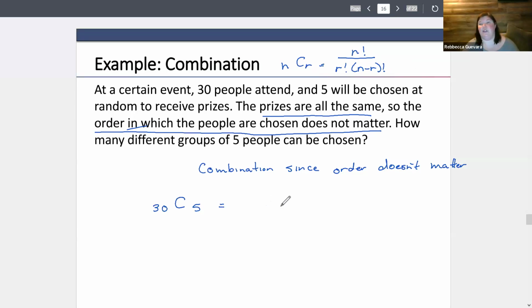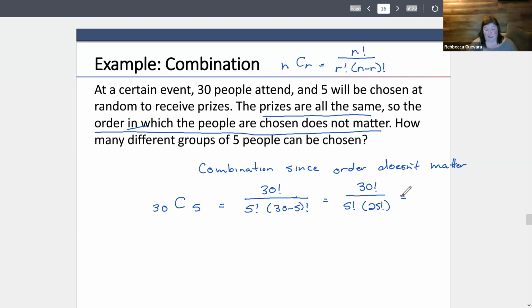So you can use this in your calculator with all the different factorials, but you'll have 30 factorial divided by 5 factorial, and then we'll have 30 minus 5 factorial. Okay, so you get something like this.